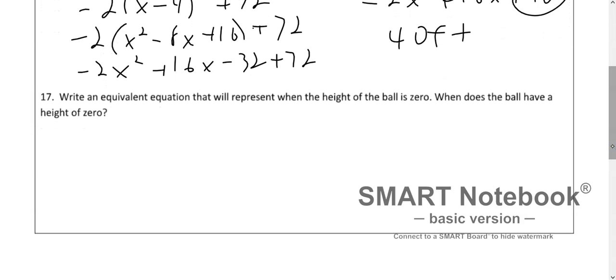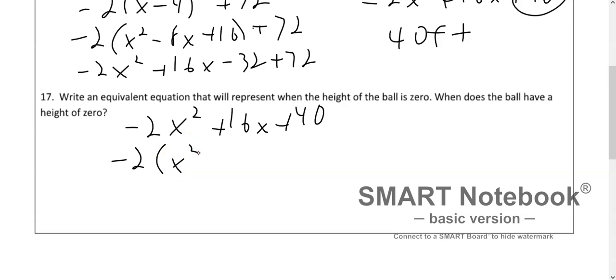Write an equivalent equation that will represent the height of the ball when the height of the ball is 0. That means we want to get into factored form. So we take that negative 2x squared plus 16x plus 40, and we're going to factor it. Easiest way to do that is first take the negative 2 out as a GCF: x squared minus 8x minus 20. So now we need two numbers that multiply to give us 20 that differ by 8.